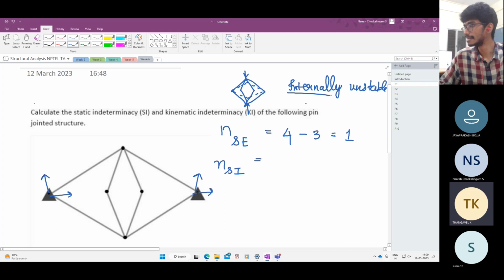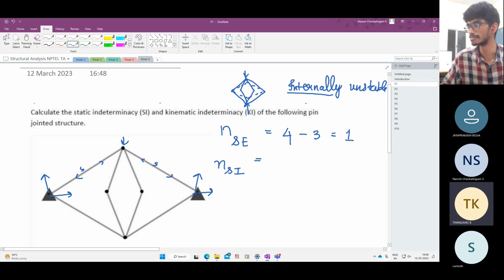Why do I say this internally? Because now you see the structure with its supports. If I do this, this is not free to go to the right, so this member will also shorten, and this member will also shorten. There will be compressive forces in these members as I try to do this. If I isolate it from the supports, then it is internally unstable.